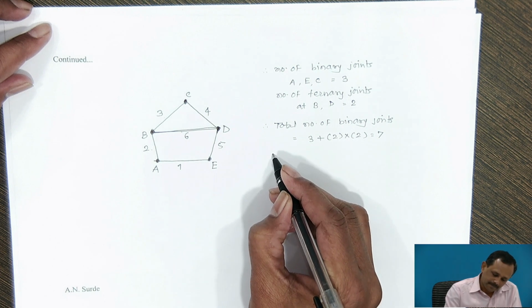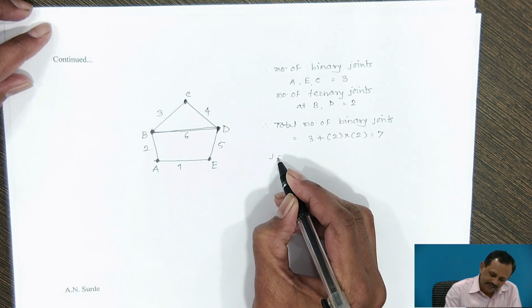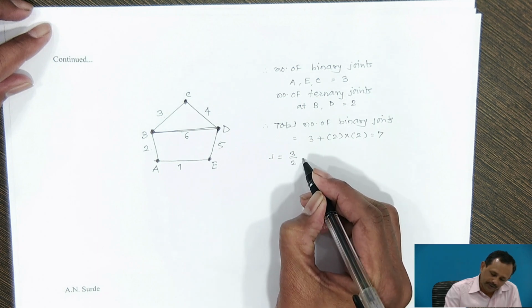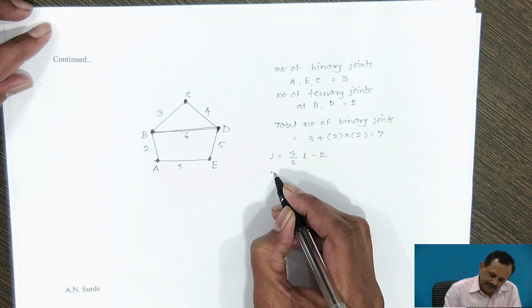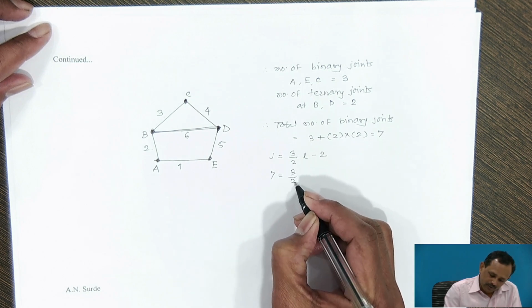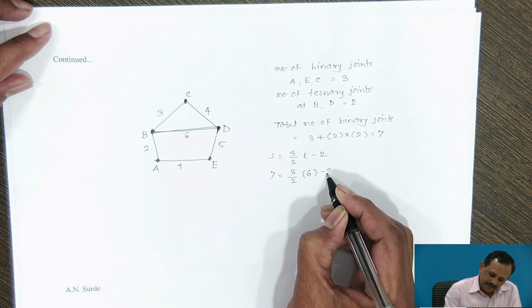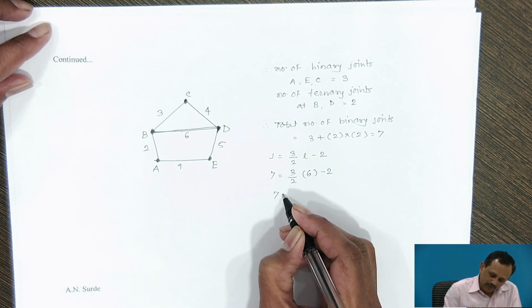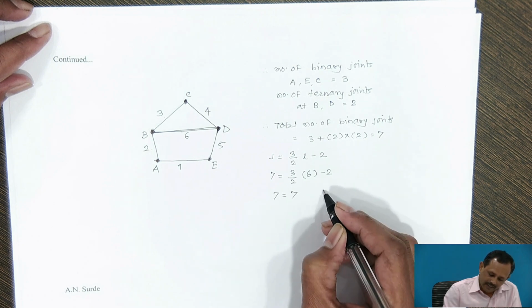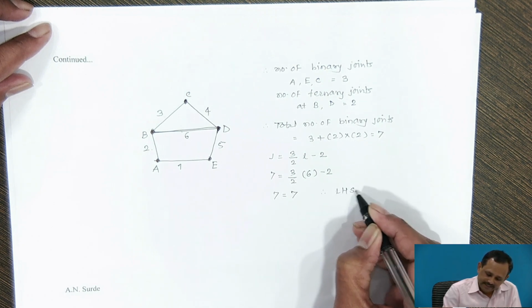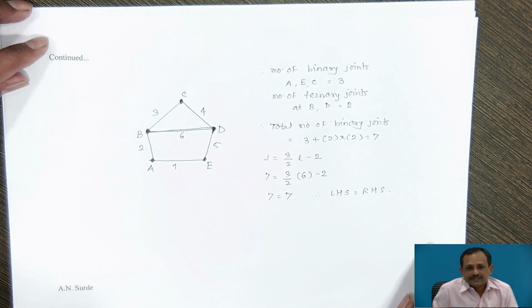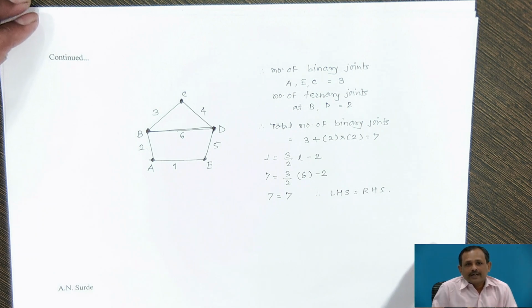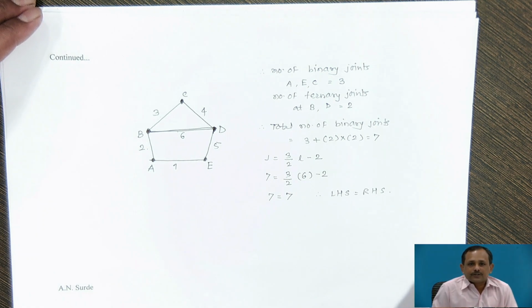By using the relation J is equal to 3 by 2 into L minus 2 and putting in the values, the number of binary joints is 7, and 3 by 2 into the number of links 6 minus 2 is equal to 7. So 7 is equal to 7. In this case also, LHS is equal to RHS, and therefore a chain consisting of 6 links is also a constrained chain, or a kinematic chain.